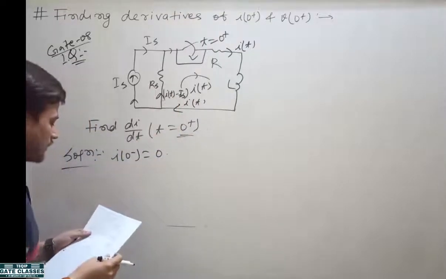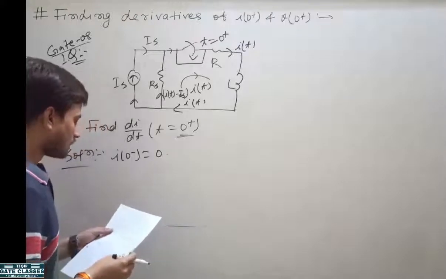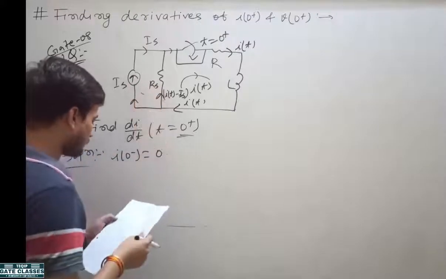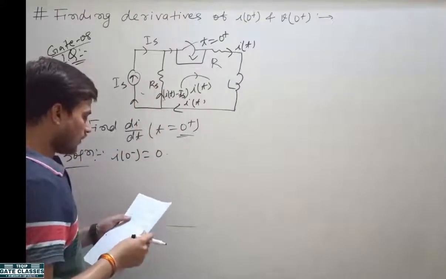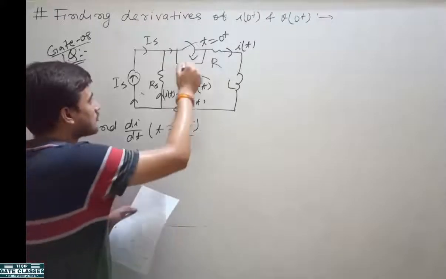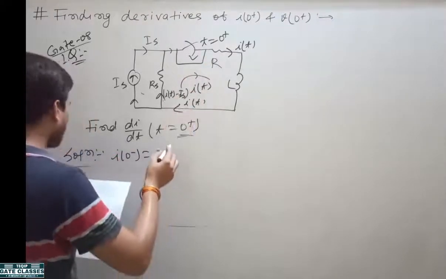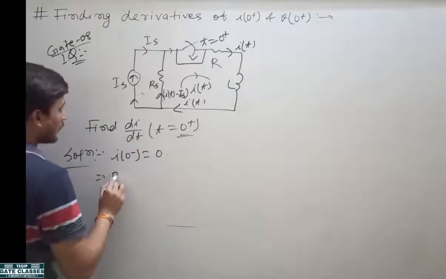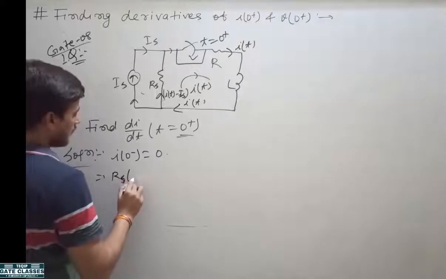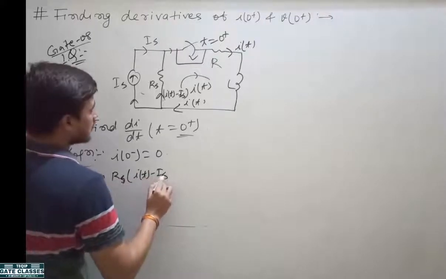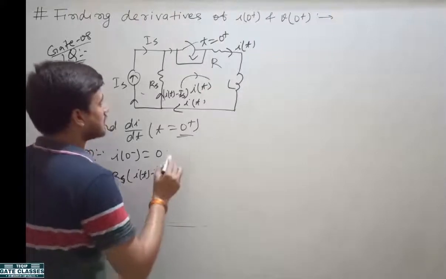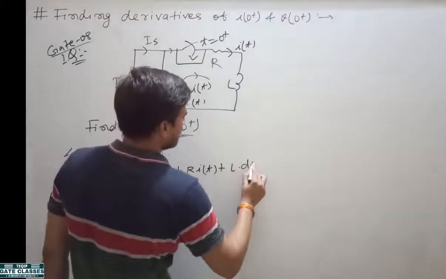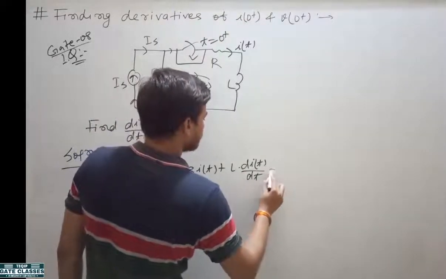Clear? So now what will you do? We'll directly apply Kirchhoff's voltage law in this loop. Starting from here, it will be Rs into (i(t) minus Is) plus R into i(t) plus L into di(t)/dt equal to 0.